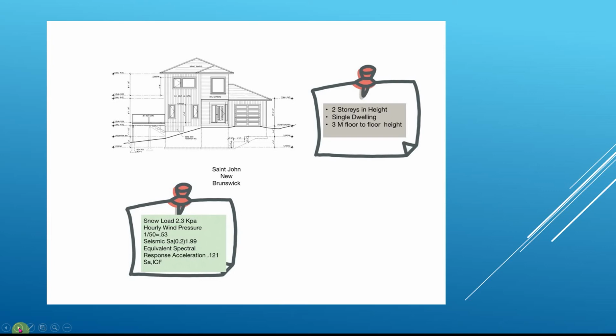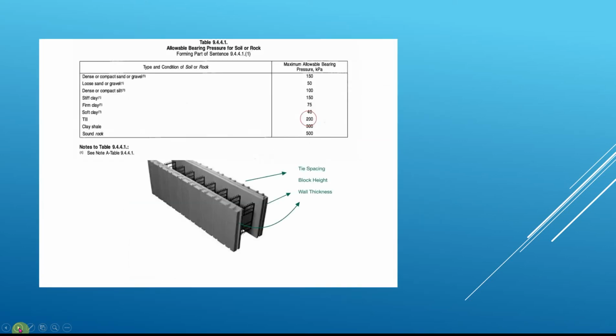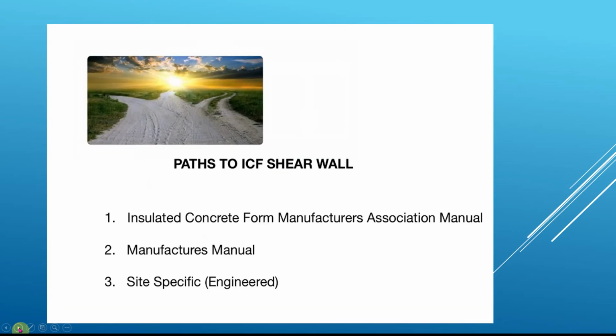And now another one that's only found in the ICFMA manual is equivalent spectral response acceleration number, which is a seismic number. They've done a calculation, and you'll find that only in the ICFMA manual. The other thing you're going to need to know is, like most constructions, your bearing pressure, your block, your tie spacing, your block height, and your wall thickness.